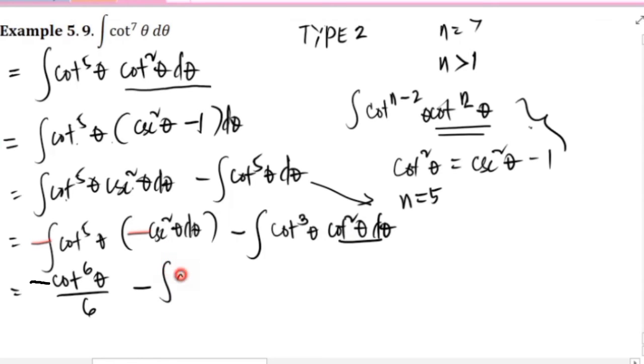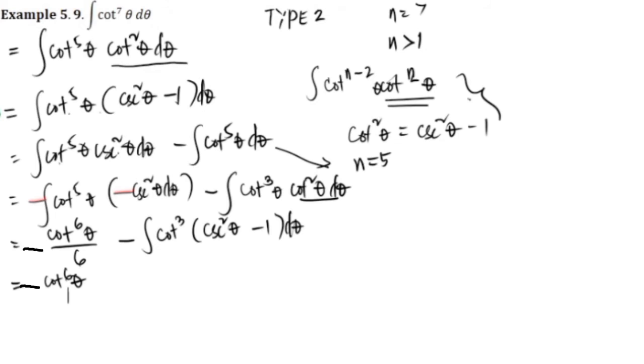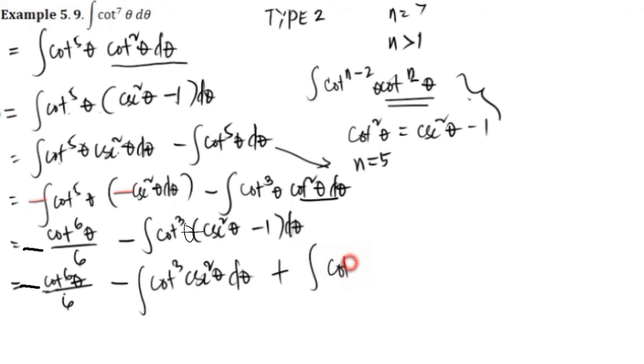So, that's integral of cotangent cube multiplied by cosecant square theta minus 1 d theta equal to cotangent to the 6 theta over 6 minus the integral of cotangent cube cosecant square theta d theta plus the integral of cotangent cube d theta.